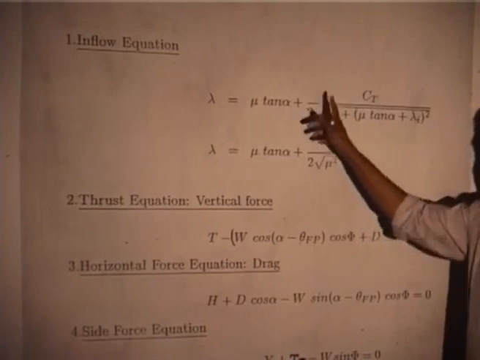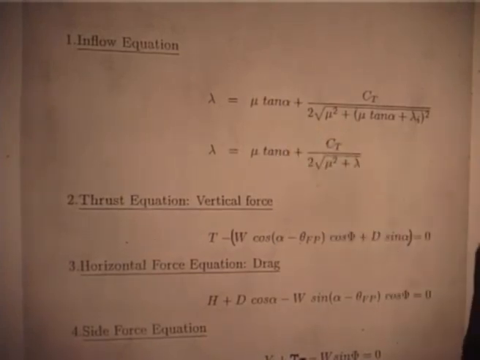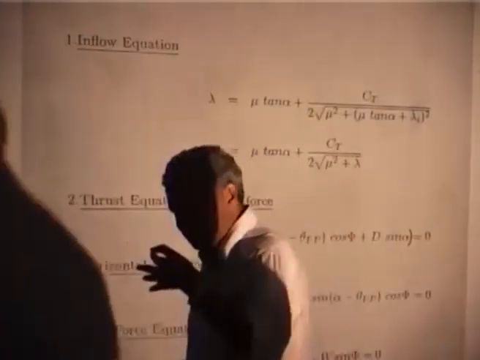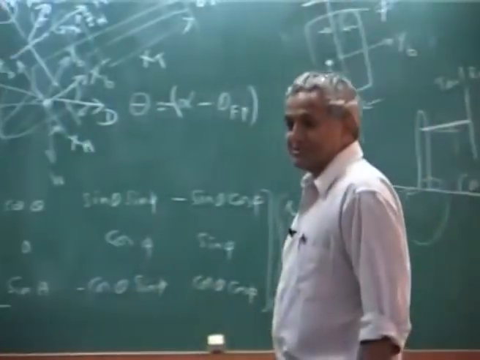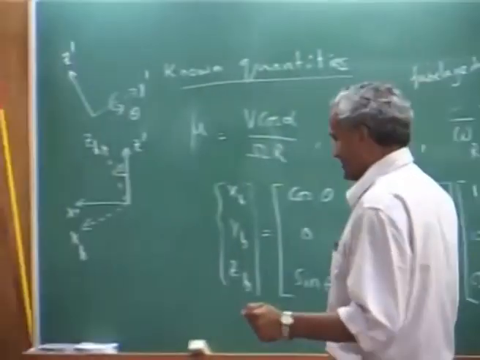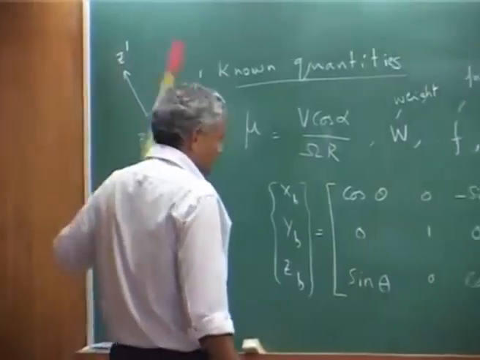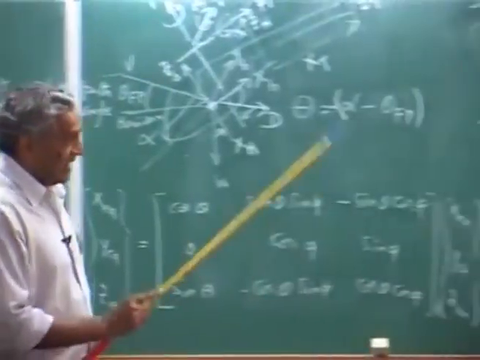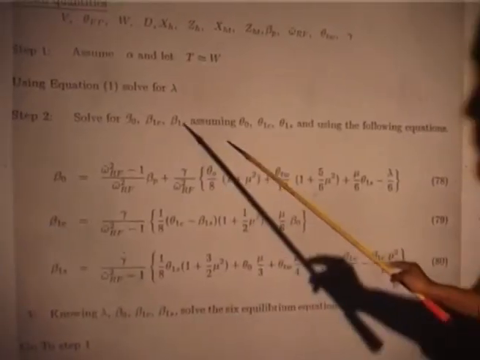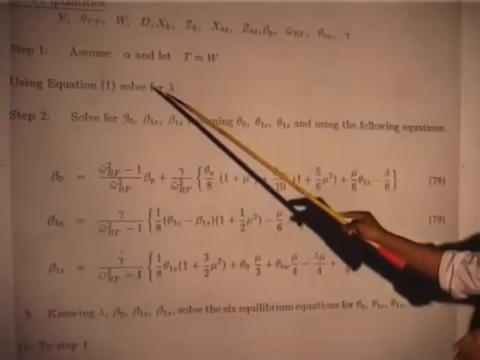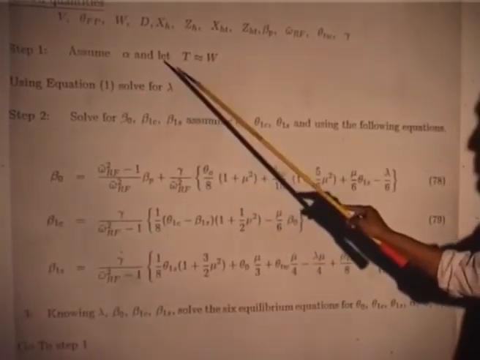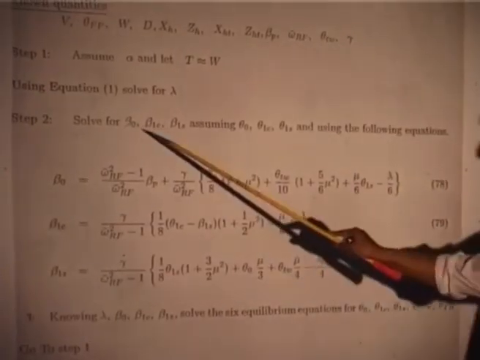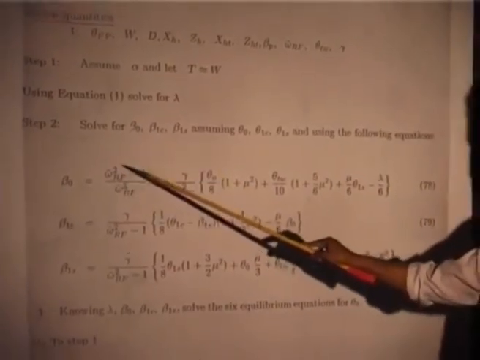So, you first iterate within this, get a lambda, that means what you have done, the very first step you got the inflow. Okay. After knowing the inflow, then you go to, so that is why I said use equation 1, that is, solve for lambda.